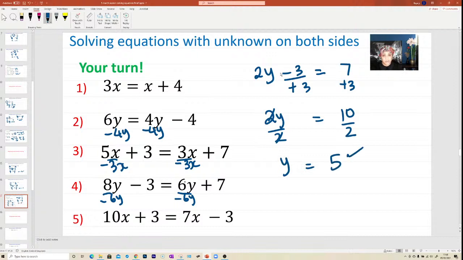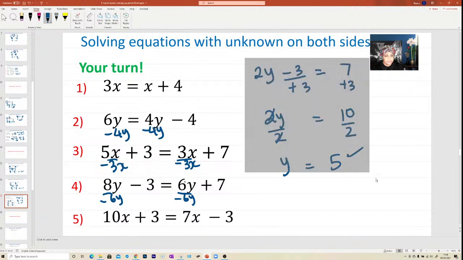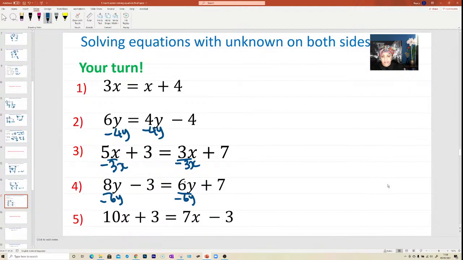Okay, so now we're going to do the last one. Oops, sorry guys. Okay, so the last one again, we got unknown on both sides. We got 7x here and 10x. So we're going to get rid of the smaller x, which is 7. So take away 7x here, take away 7x here. Then we have 10 take away 7, that's 3x. And then we have plus 3, and that's equal to 7 take away 7, that's gone.